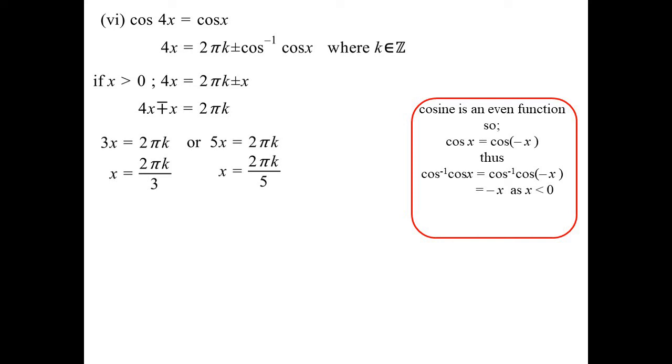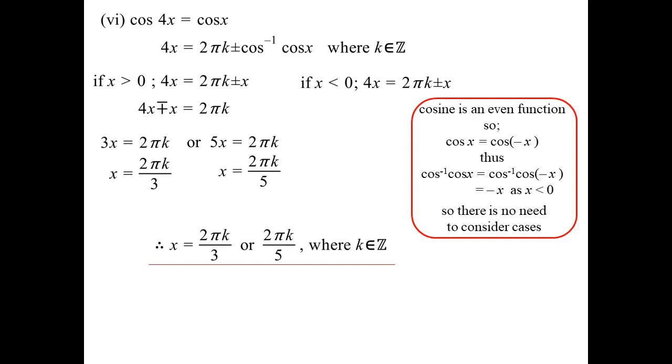So what that means is, when I get this negative, and again I've got 4x equals 2 pi k plus or minus x, I don't actually have to consider that case. It has to give me the same answers because cos of x is the same as cos of negative x. So I actually don't have to worry about the plus or minus. What that basically means is there's my solution. 2 pi k on 3 or 2 pi k on 5 where k is an integer.